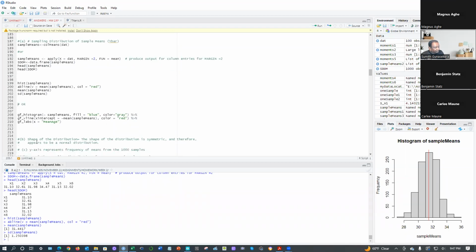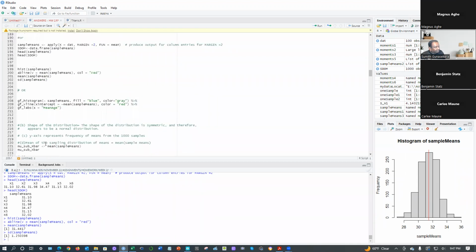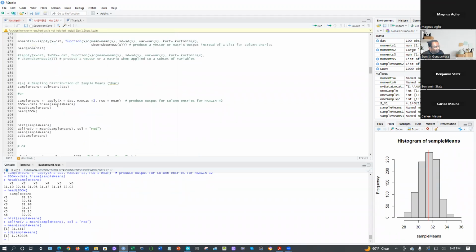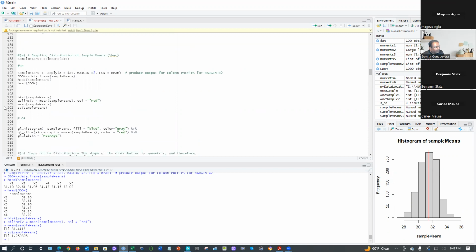So what I'm trying to say is, we found the sample mean, we drew the histogram, and then we put the line. We found the standard deviation, which means the spread of this distribution, and it is 1.25.